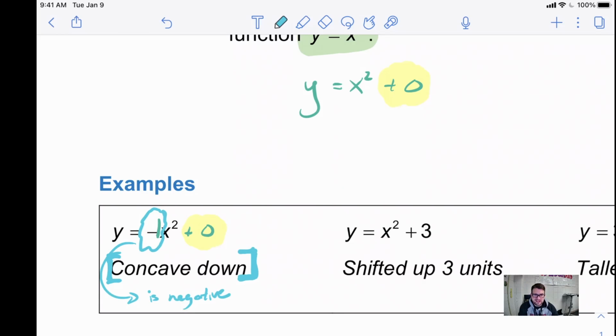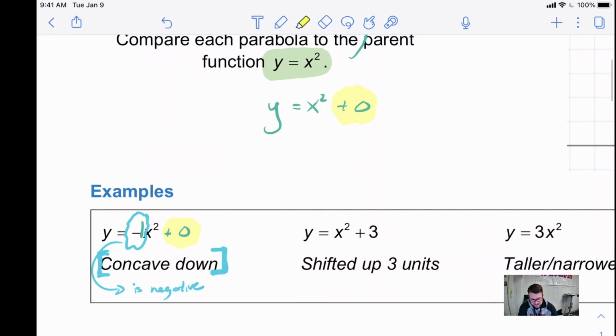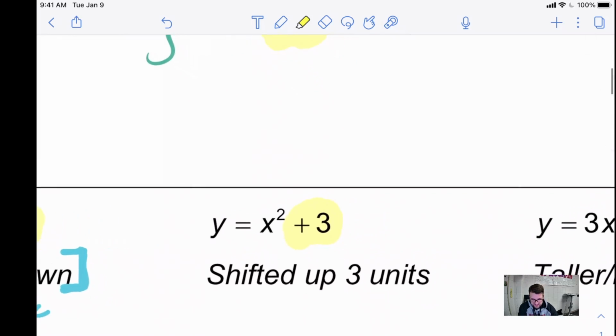Now let's take a second and talk about what the C value does, because in this one I can see that the C value is the only thing that's changed, and now it's a positive 3. So when I have a C value that is that positive 3, what that is going to do to my graph is that's actually going to shift my graph up. So what this number does right here is this number is going to move our graph up or down depending on if it's plus 3 or minus 3 or any other number.